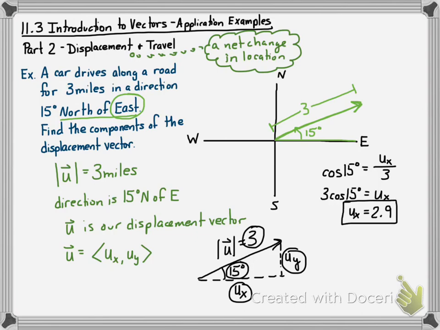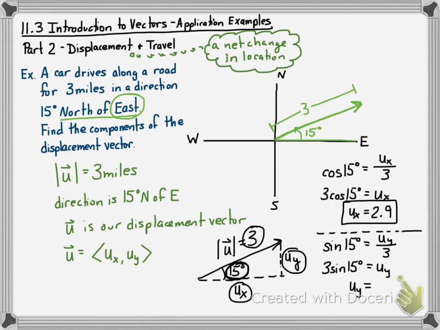Now for the uy value. With respect to the 15 degrees, uy is the opposite side. We're given the hypotenuse and looking for the opposite side, so we want the sine function. Sine of 15 is opposite, which is uy, over hypotenuse, which is 3. Multiplying both sides by 3, uy is equal to 3 times the sine of 15 degrees.